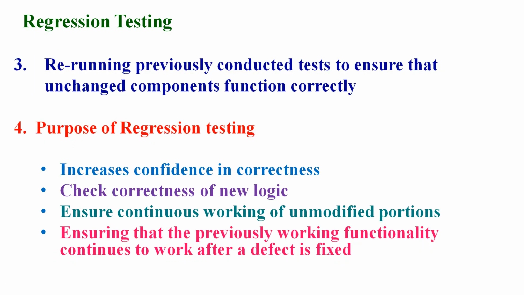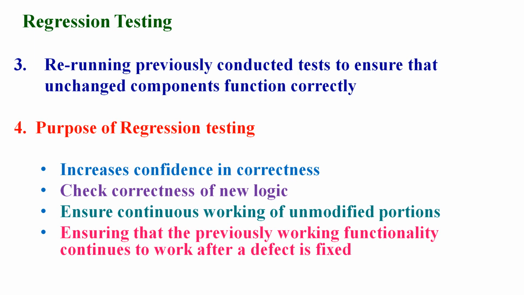Now, rerunning the previously conducted tests to ensure that the unchanged components function correctly. The main purpose of regression testing is that it will increase the confidence in the correctness. It will check the correctness of the new logic.